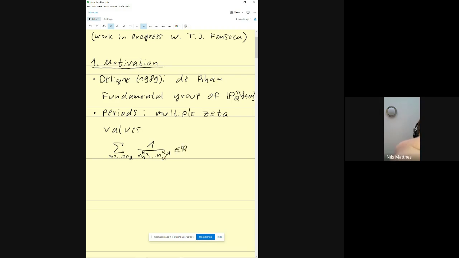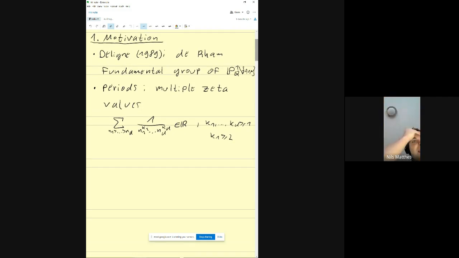So these are real numbers, and k1 up to kd are positive integers, and k1 should be at least equal to 2. And what this de Rham fundamental group does for you is it allows you to study these multiple zeta values, which are just real numbers, geometrically.